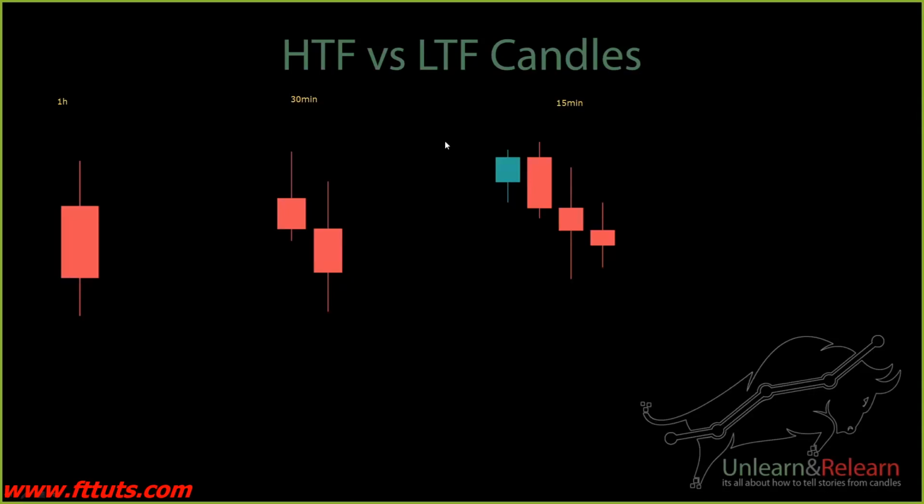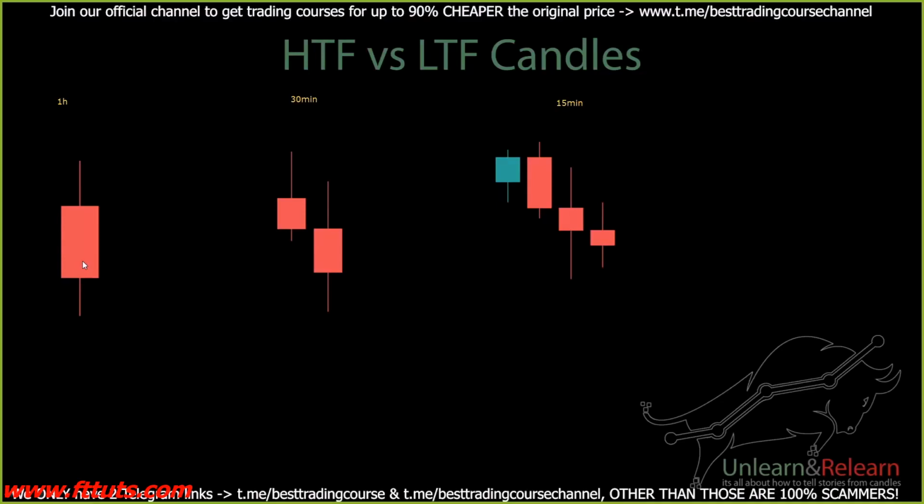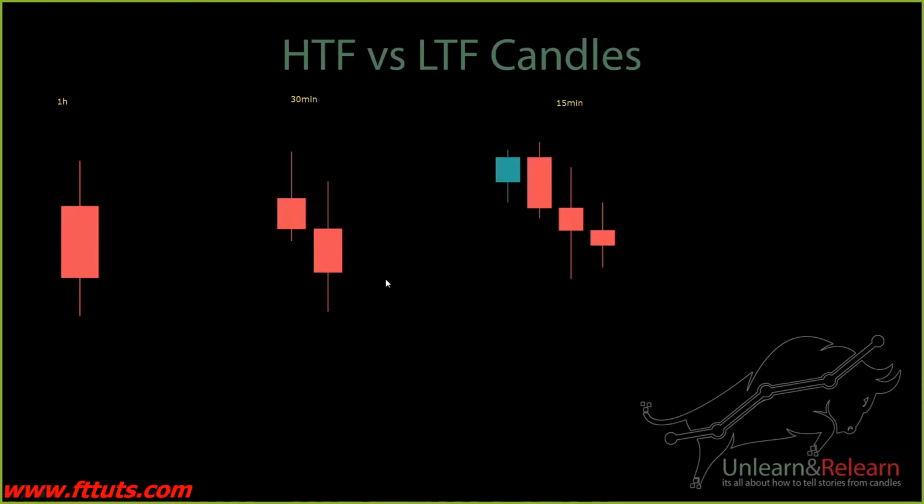Now, just by looking at the 1 hour, if we were to say that price has to go down, we're anticipating on the 1 hour for price to create a lower high and a lower low, right? On the 30-minute, also, we're looking for price to create a lower high and a lower low. On the 15-minute, it's just a bunch of candles forming. Let's see what happens here.